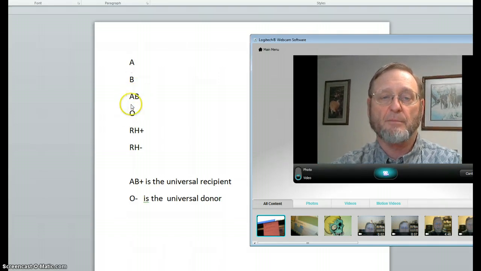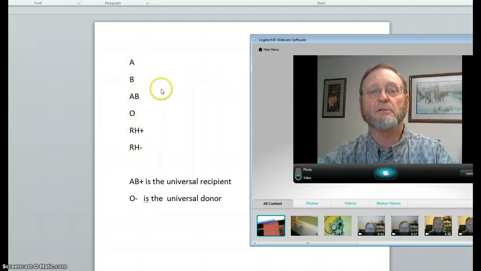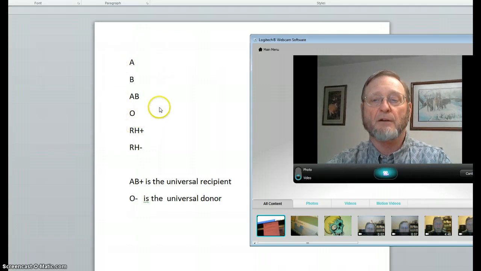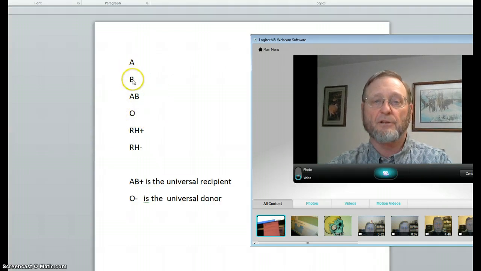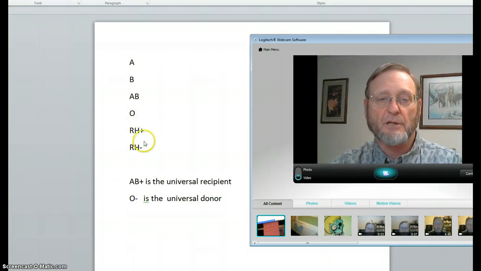Okay, so there's A, B, AB, and O. Those are the 4 types that we have, and there's basically the 3 allele types, A, B, and O. 2 allele types, AB and AB, or no allele. No trait, okay? Then you have the RH, RH positive, RH negative.